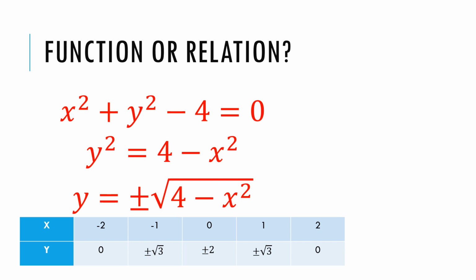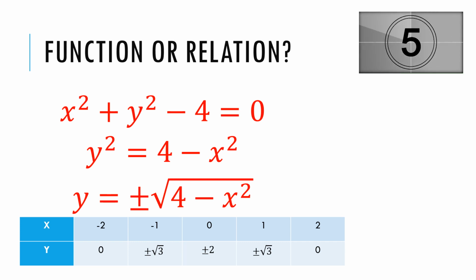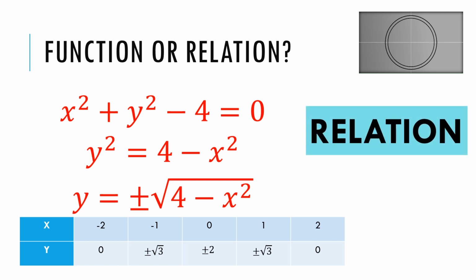I will give you 5 seconds to answer. So, the answer is relation. Kasi, dito pa lang sa negative 1, dalawa ang kanyang output. And sa 0 din, dalawa ang kanyang output.